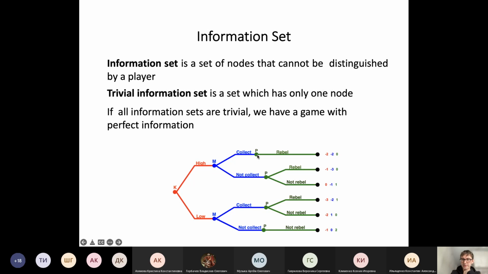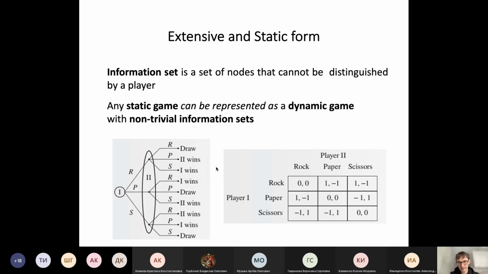So all these nodes are trivial information sets, with only one node. So if all information sets are trivial, we have a game with perfect information.